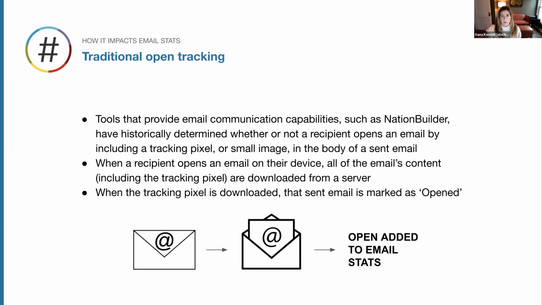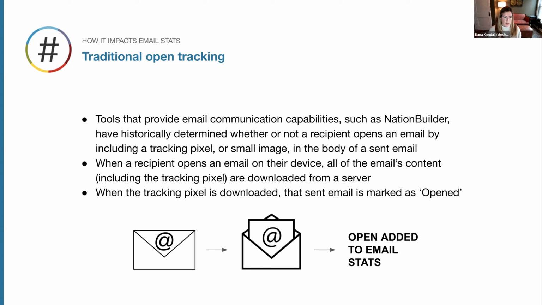You might send an email from NationBuilder that is just a paragraph of text, but what we append to that email is a tiny 1x1 transparent image in the content, so that when someone opens it on their device, it downloads the image from the NationBuilder servers, and that's how we know that an individual has opened the email.